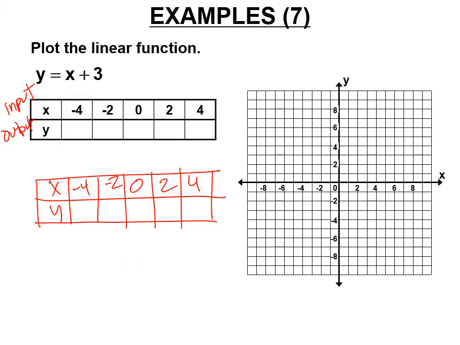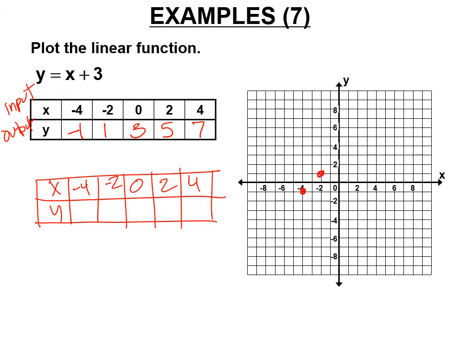So when x is -4, y is -1. T-tables are nicer because you can do your work right inside them. But here, you're going to have to do it on the side if need be. -2 plus 3 is 1, 0 plus 3 is 3, 2 plus 3 is 5, 4 plus 3 is 7. So the first point we're making is x is -4, y is -1. Second point is x is -2, y is 1.